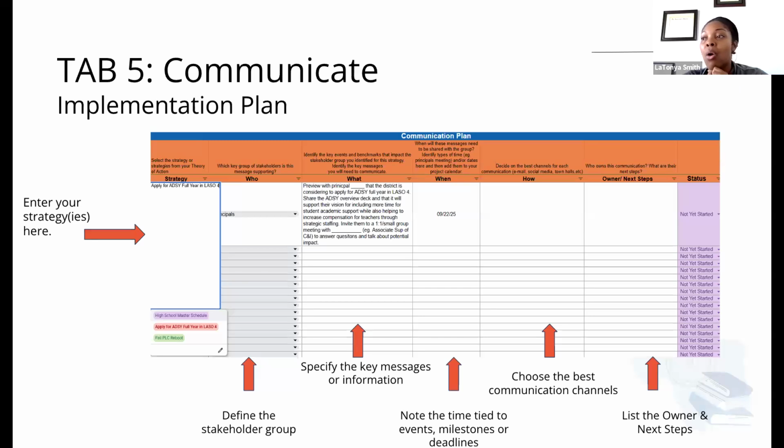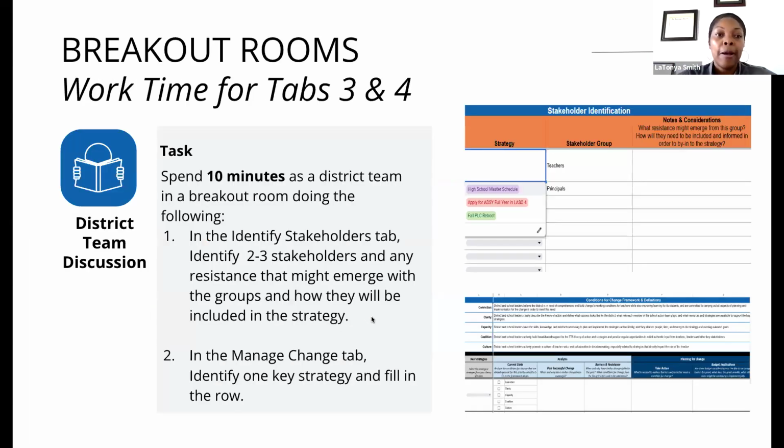So you want to think about what will be shared for each stakeholder group while still being transparent, right? What you share with the teacher group may be different than what you share with a parent group. Like the what, but how you're doing it. So you want to provide clarity while still being transparent.